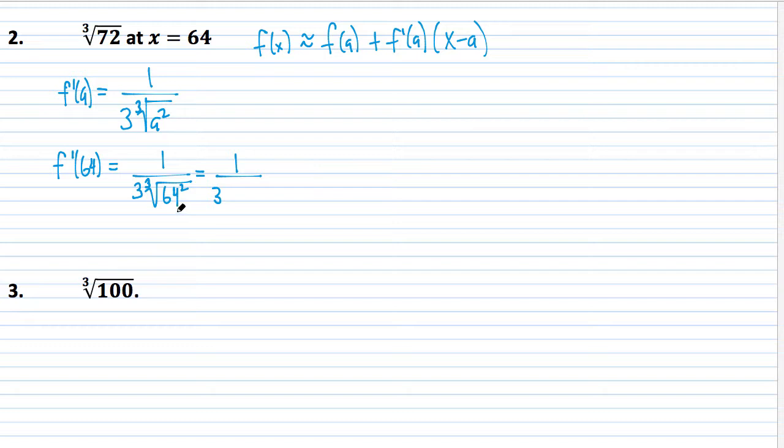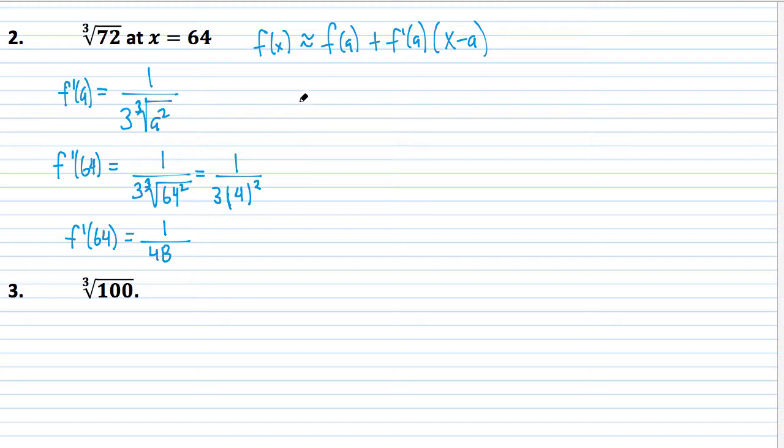Cube root of 64, that is 4, because 4 times 4 is 16, and 16 times 4 is 64. So I have 3 times 4 squared, and f prime of 64 is actually 1 over 3 times 16, which is 48.